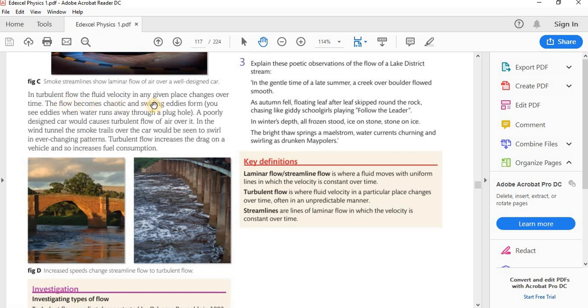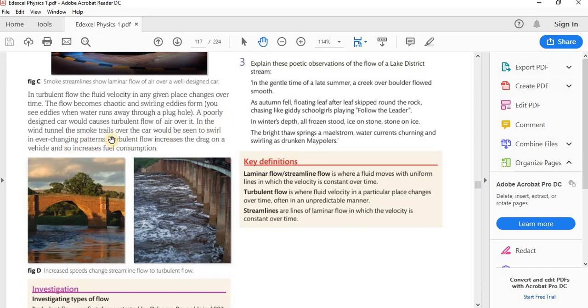In turbulent flow, the fluid velocity in any given place changes over time, and you can see the velocity here may be different from the velocity of water here, but here we can say it's almost the same. The flow becomes chaotic and swirling eddies form. You see eddies when the water runs away through a plug hole. A poorly designed car would cause turbulent flow of air over it.